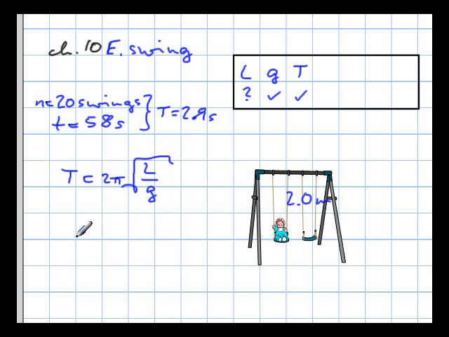This time around I solve for the length L. When you do the algebra, it comes out to T squared times g divided by 4 pi squared. And again, you can see it when you do the algebra yourself. When I plug in numbers, I come up with 2.1 rounded.